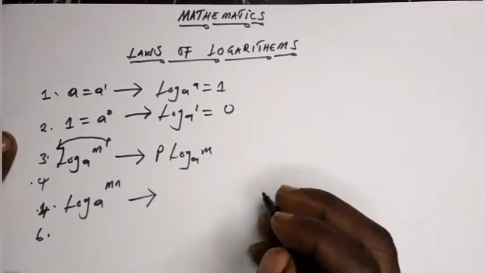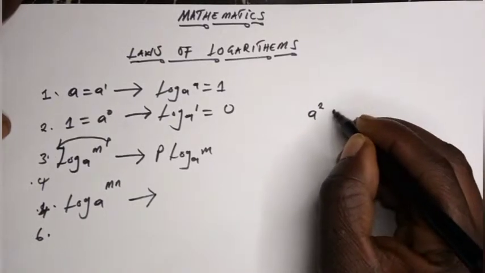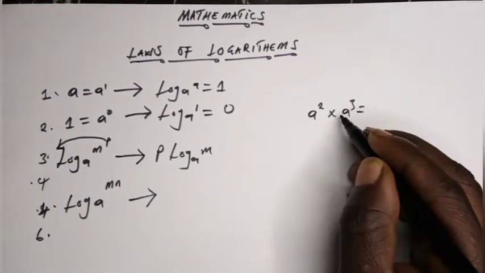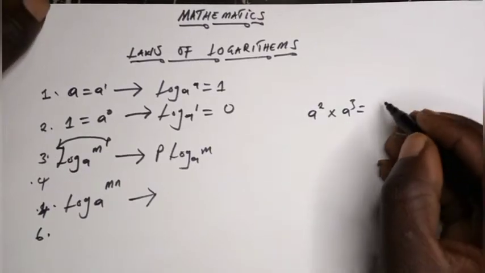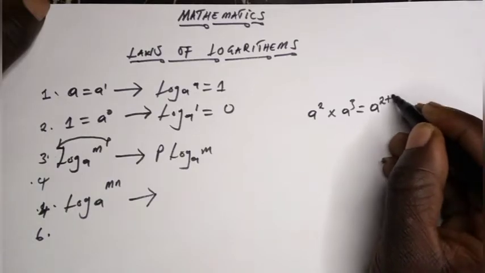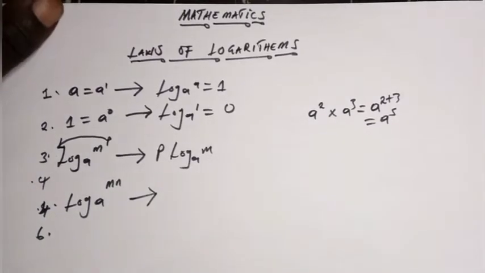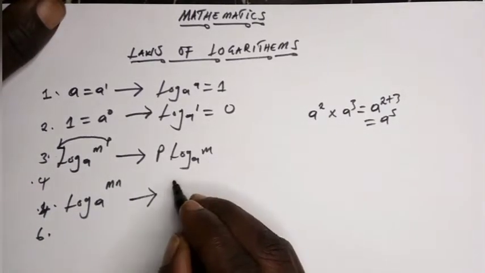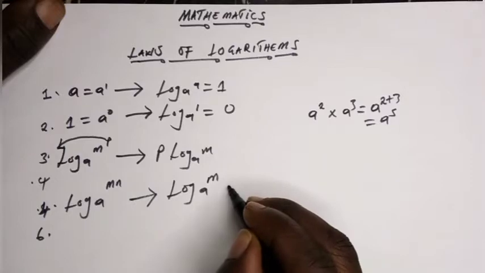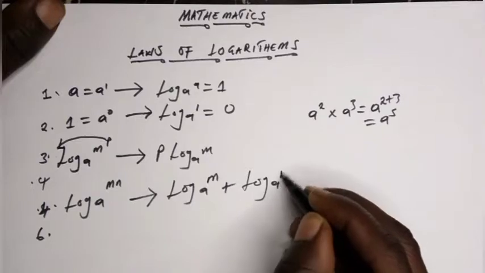Remember that in index form, where you are given a to the power 2 multiplied by a to the power 3, the bases are the same, so we just add the powers, then the answer will be a to the power 2 plus 3, which is equal to a to the power 5. So we are going to use the same concept. Here it will be log base a of m plus log base a of n.